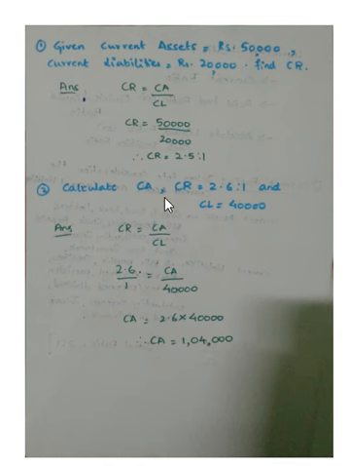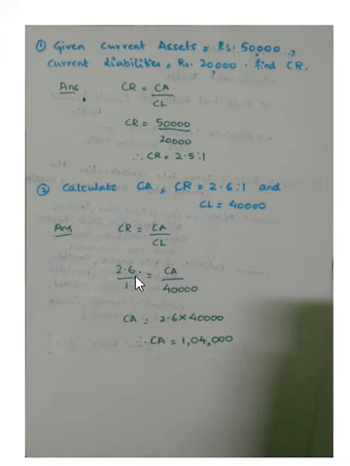So point number 2, or the question 2: calculate current asset when the current ratio is equal to 2.6:1 and current liability is equal to 40,000. So your current ratio formula is current asset divided by current liabilities. They have given the current ratio, which is 2.6:1.